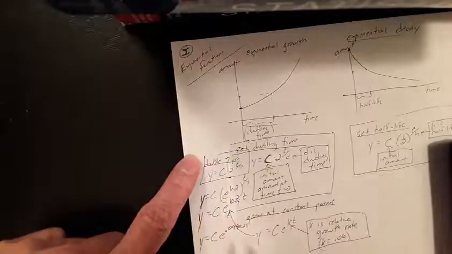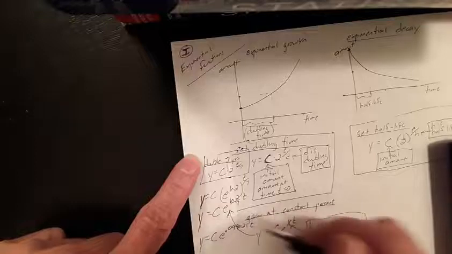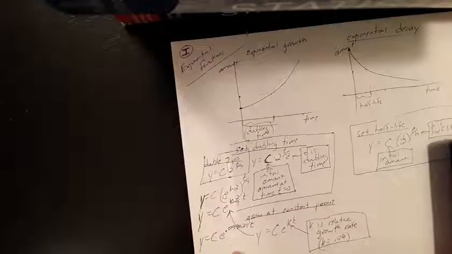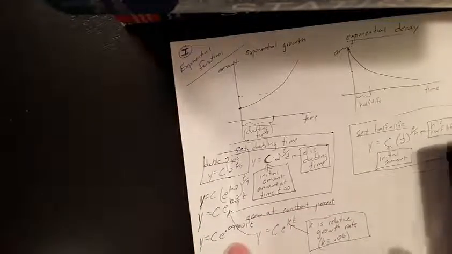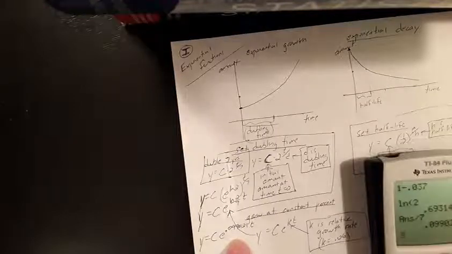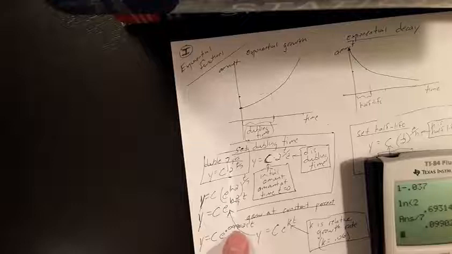So, like I've said in class, this is called a relative growth rate.